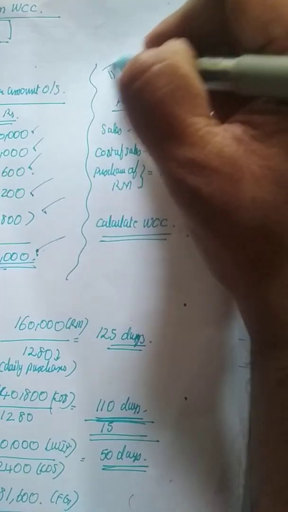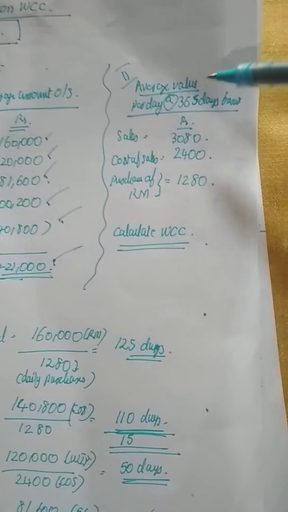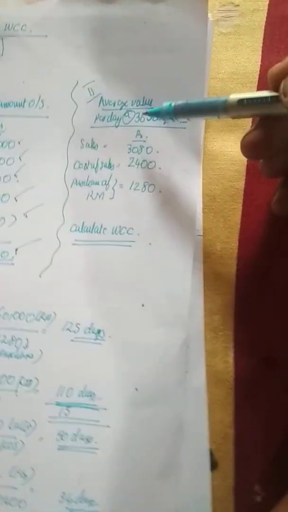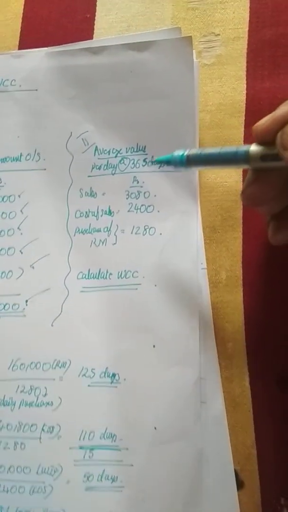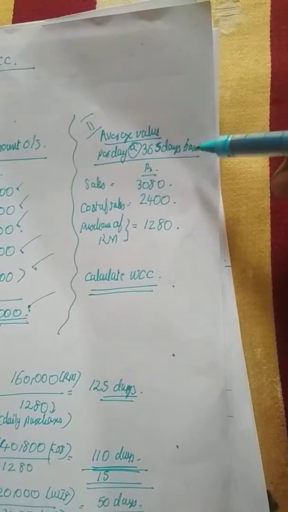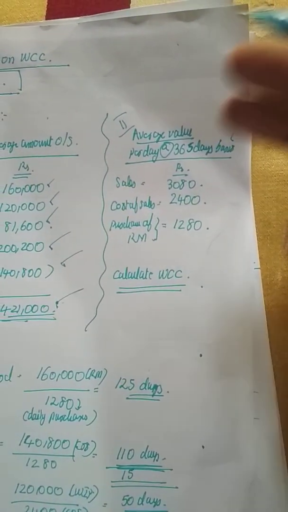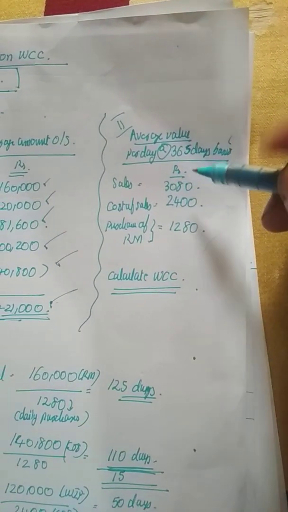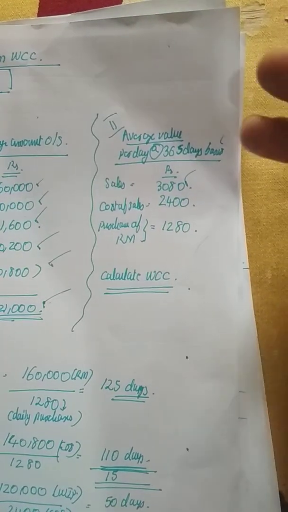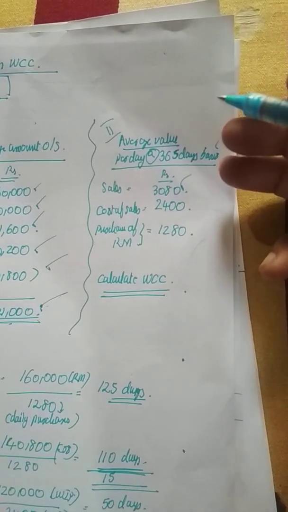This is the first set of information. In the second set of information, you could see the average value per day on the basis of 365 days. Here we are taking 365 days. Sales per day is given as 3,080.